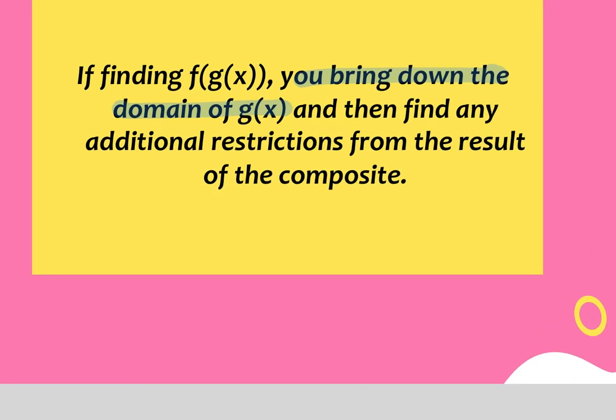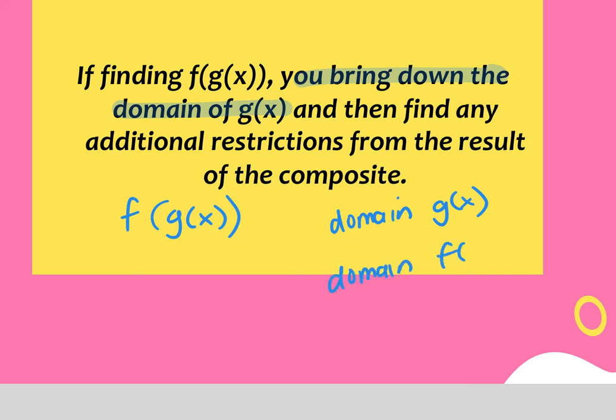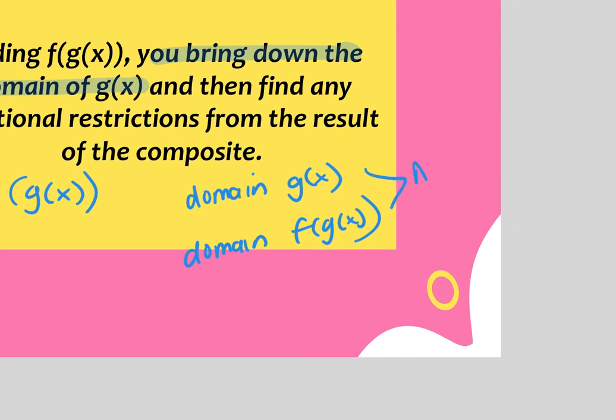So if it says to find f of g of x and then its domain, I'm going to find the domain of g of x, and I'm going to find the domain of my composite, what I get from the combined one, and then treat them like an and statement, okay? Both have to be true.